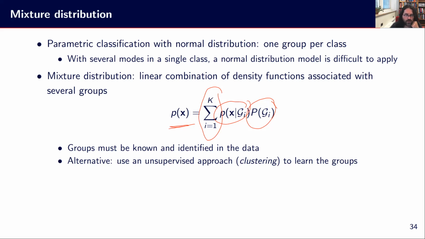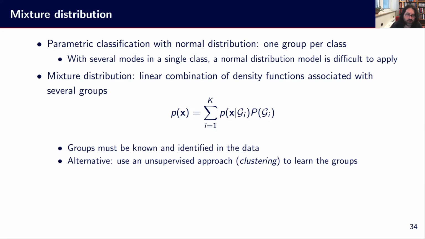distribution. So this thing is interesting, but for using it, we need to know in advance what the different groups are. And if we are not able to see, oh, this is from the first group, this is from the second group, it gets much harder.